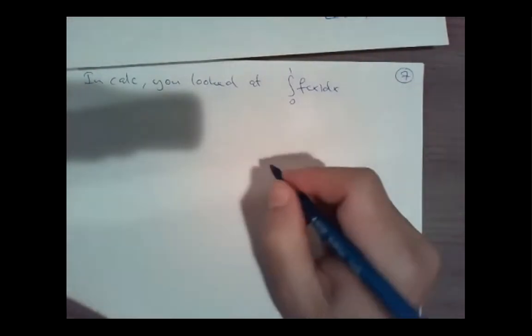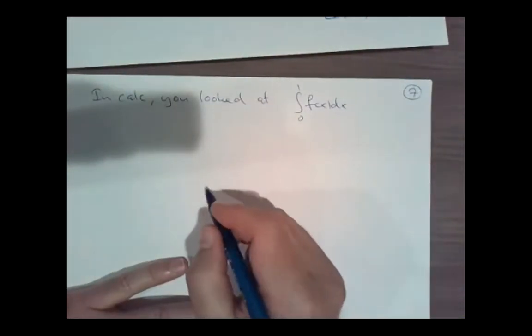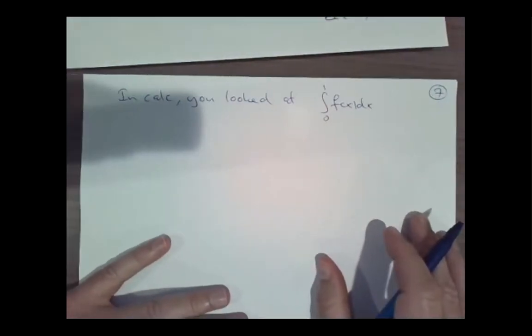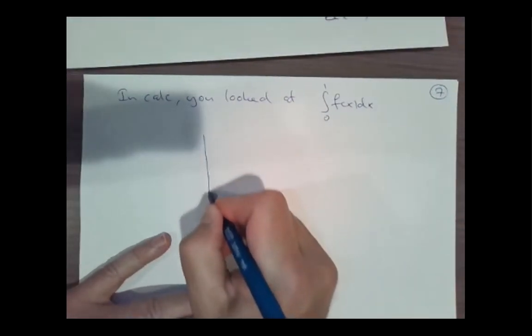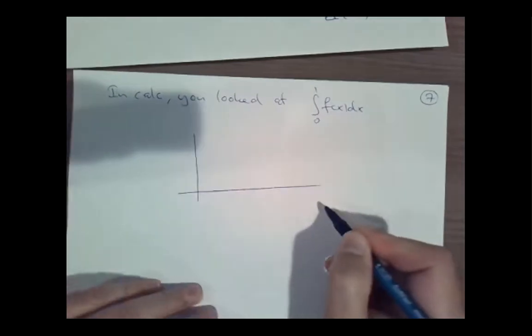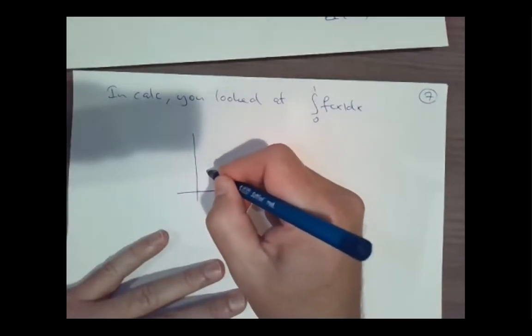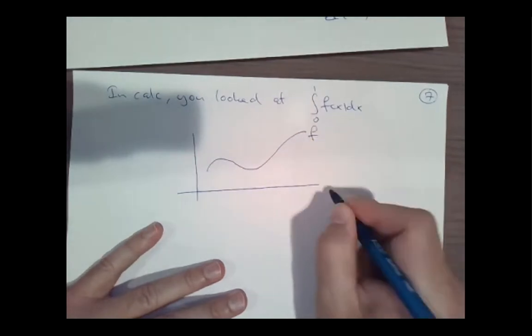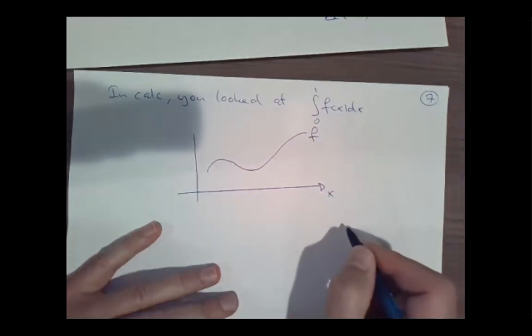And the way that you did it was, you plotted the function f. So this is my f. I have my x down here.